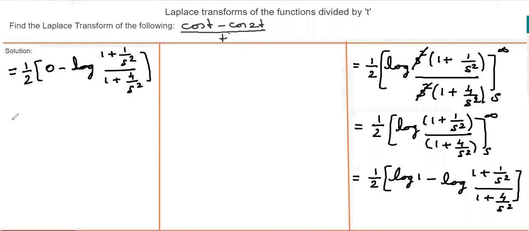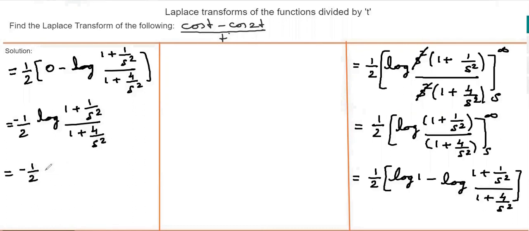Now we can write the remaining. It is half, and this negative I can take outside, so negative half of log of 1 plus 1 over s square over 1 plus 4 by s square. Now this negative half will be there as it is.